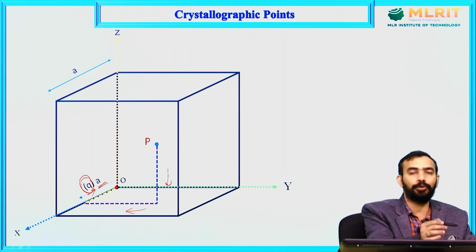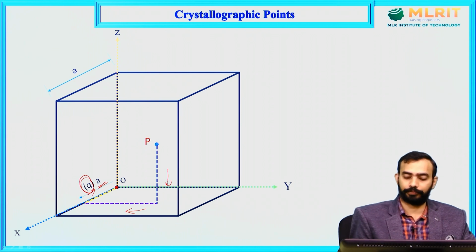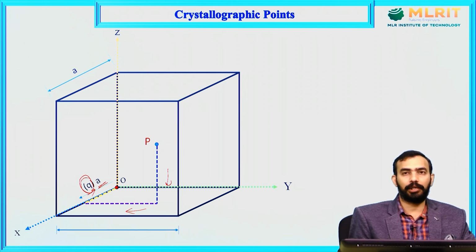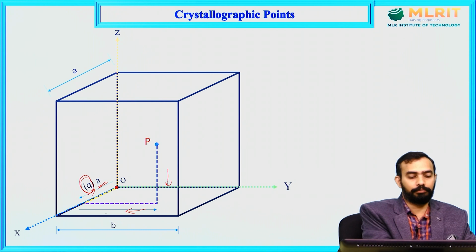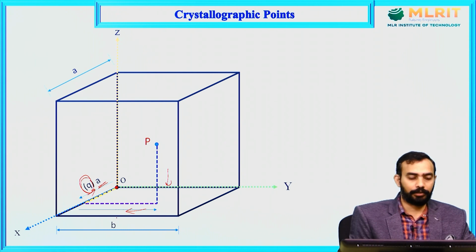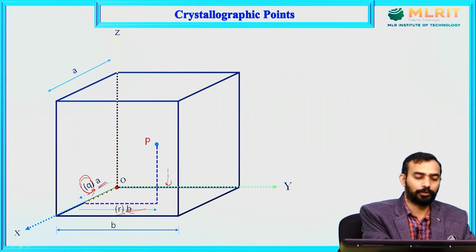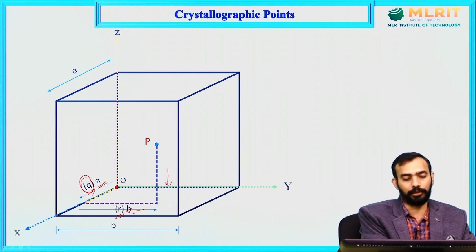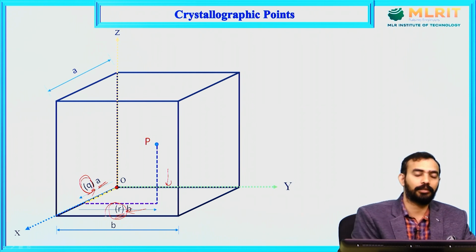That is Q. Then similarly in the y direction of the unit cell, we have the edge length B. What is this portion? The total edge length is B, but this is just a portion, not a complete B, right? It is a fraction, some portion. What is this portion? That is R.